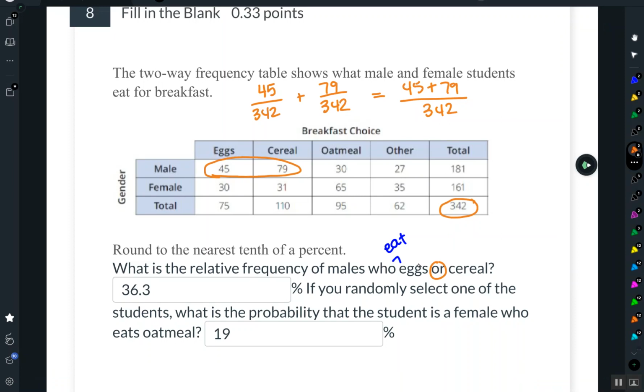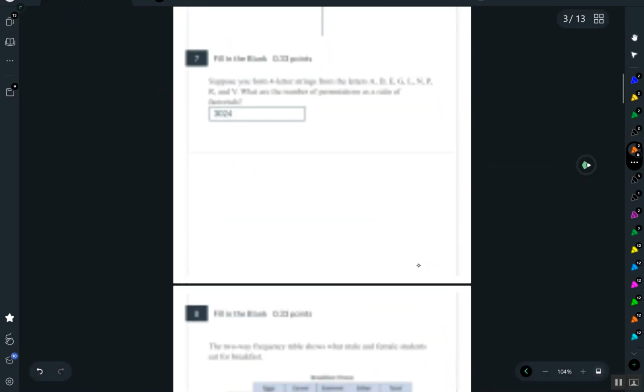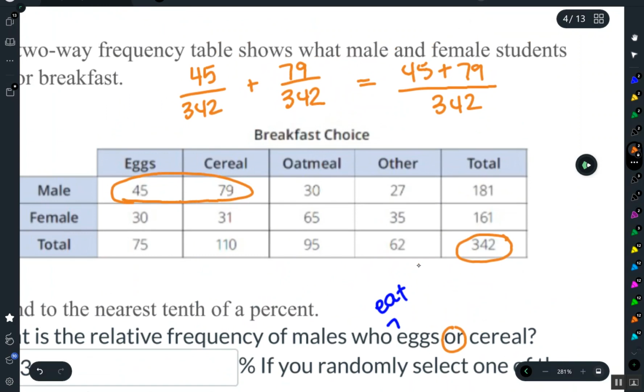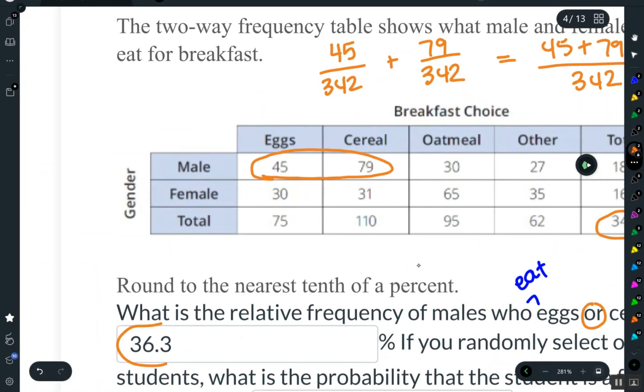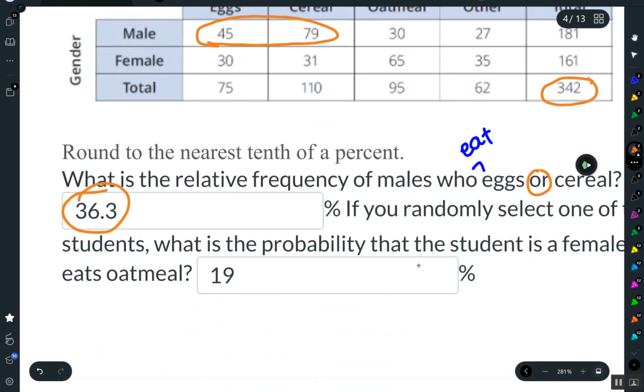So 45 plus 79, oops. Oops, I forgot the 4. Let me divide that again. Okay, and you get this 36.3, although it says 36.257, but it says round to the nearest 1/10%.